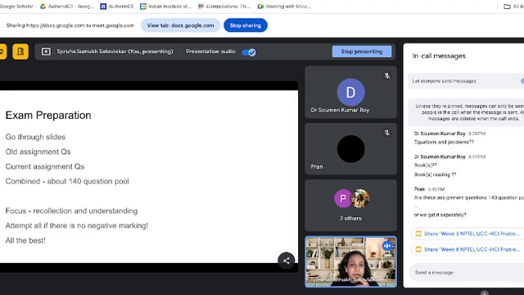Yes, so the assignment questions will not be given to you separately. You have to find out these assignment questions through every week, go to every week's content and compile them together for yourself. So that part won't be given to you ready at hand, but I think we have all the slides of the problem solving sessions with you.